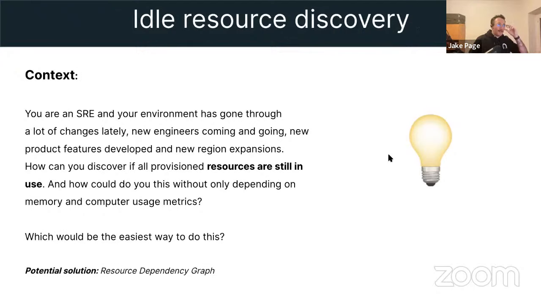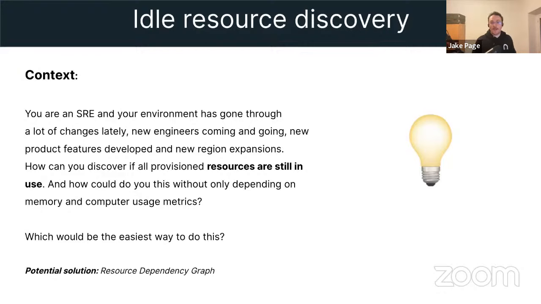And just one last example that I wanted to touch on: you're an SRE and your environment has been going through a lot of changes recently. There are new engineers coming on, new features being developed, new region expansions. How can you discover all of the provisioned resources and make sure that they're still in use? And how could you do this depending not only on memory and compute usage metrics?